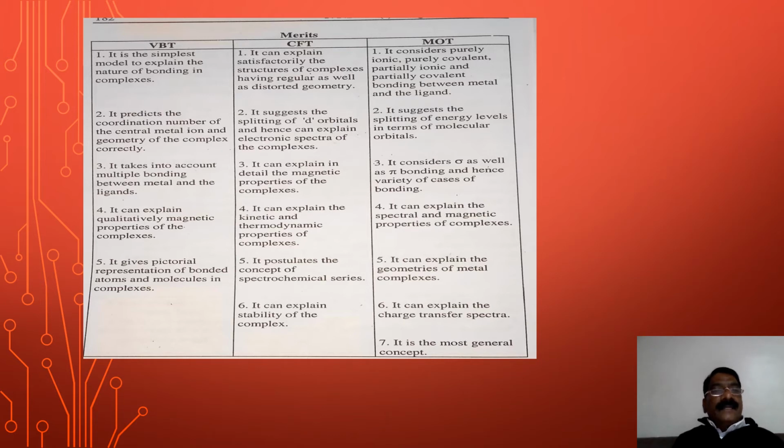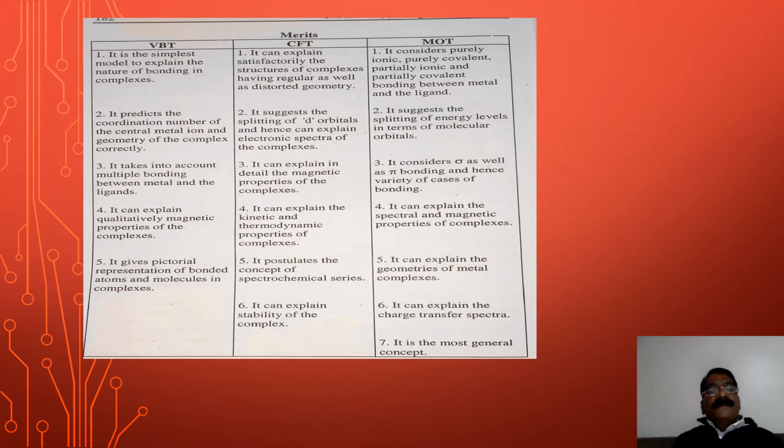Third, it takes into account multiple bonding between metal and the ligand. Fourth, it can explain qualitative magnetic properties of the complex. Fifth, it gives a pictorial representation of the bonded atoms and molecules in complexes.